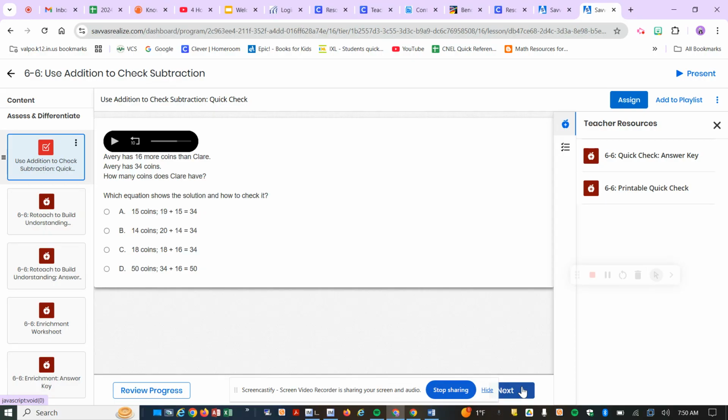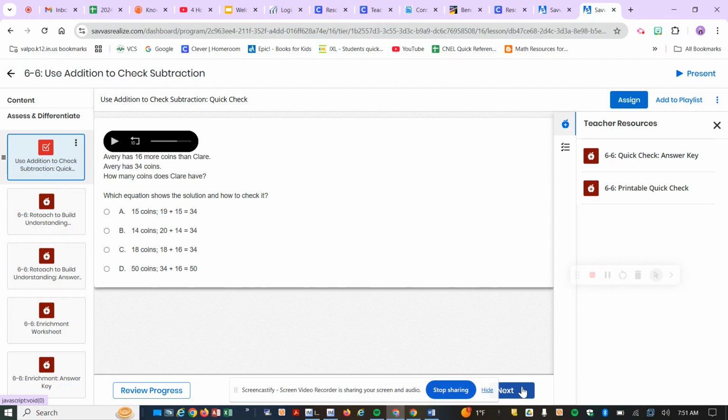Okay, number 5. Avery has 16 more coins than Claire. Avery has 34 coins. If she has 16 more, we need to say 34 minus 16. Well, actually, let me think about that. Maybe I'm wrong. Avery has 16 more coins than Claire. Avery has 34 coins. How many coins does Claire have? Yeah, we need to subtract.